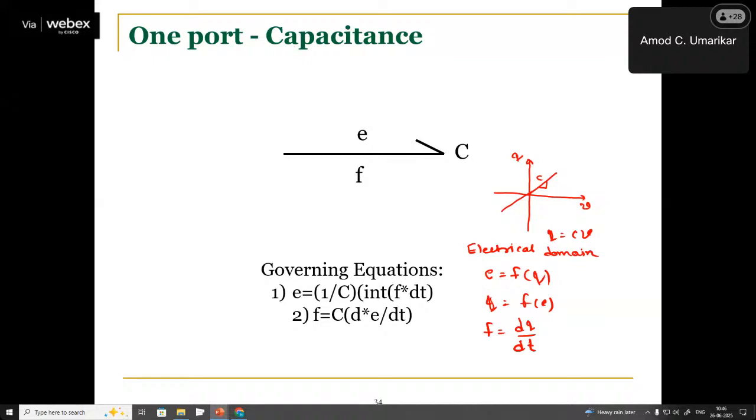Are you getting my point? So E and F will be related by a non-linear capacitor equation, but then the governing equations which I have shown won't be valid. They will be valid only for linear elements.